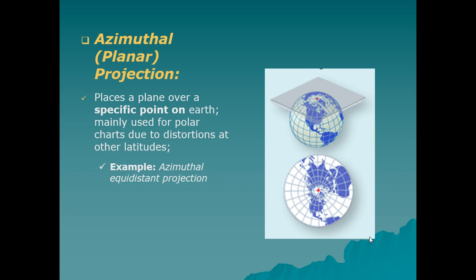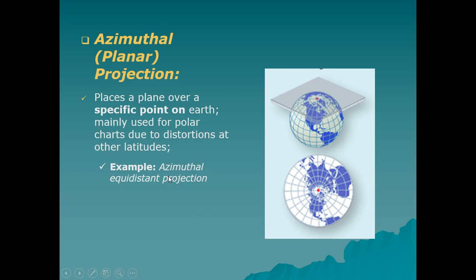Then we have our azimuthal or planar projection. Remember, it's just a surface that we are projecting to this time, a flat surface. So this places a plane over a specific point on the Earth's surface, and typically this is used for polar charts or polar maps. This is because you will have distortions occurring in other latitudes.